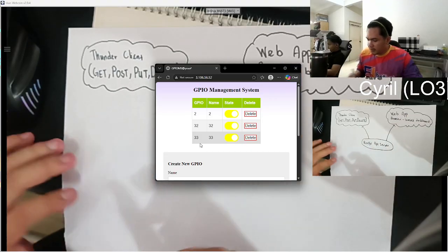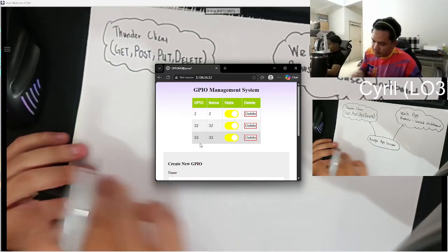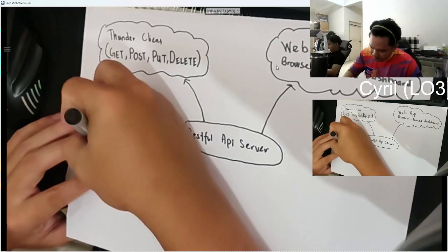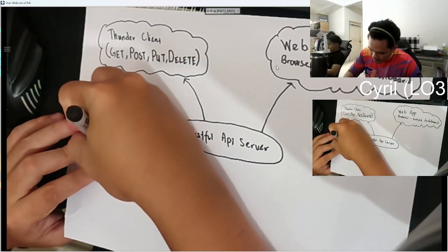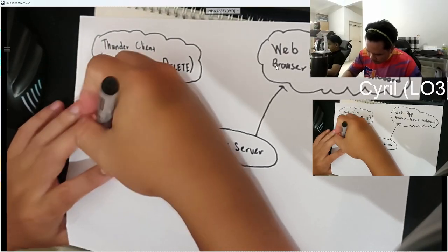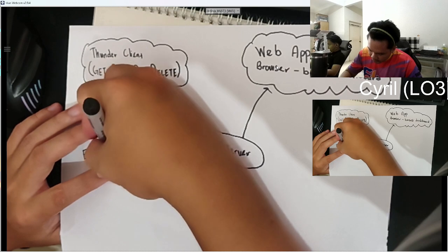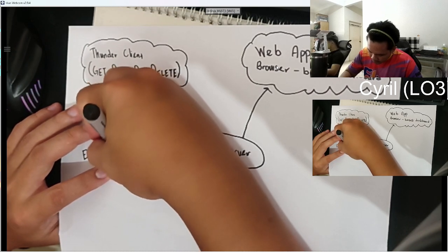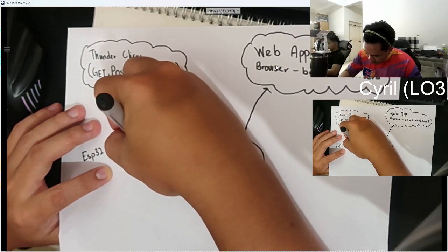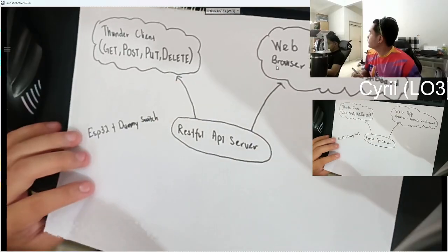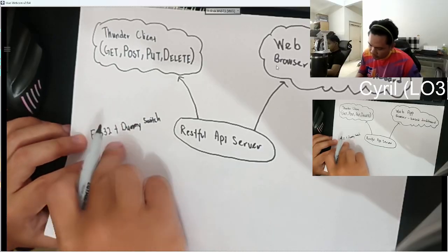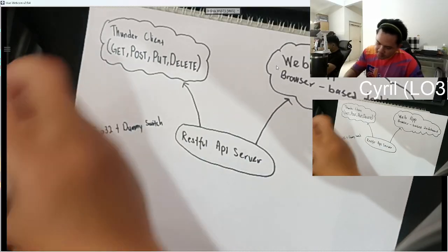And then we go to the next, which is the ESP32 that is connected with the dummy switch. So what is the ESP32 that is connected with the dummy switch?